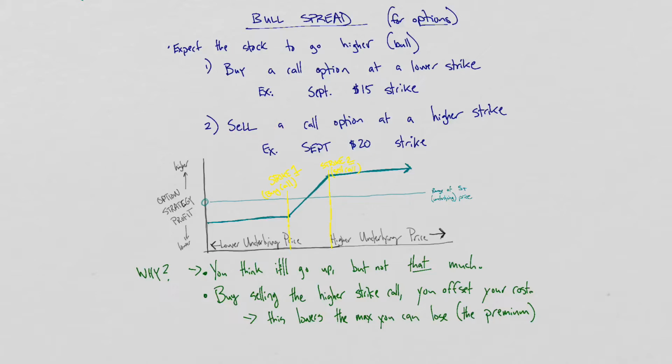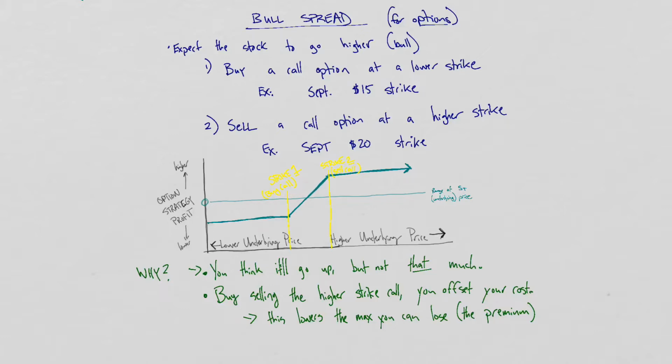And so by selling this higher strike call, you're receiving a premium. And then you're turning around and using that money to buy this lower strike price call, or at least to help defray the cost of it. If you really don't think that it's going to go above $20, then that's just a way to lower your cost of buying this call.